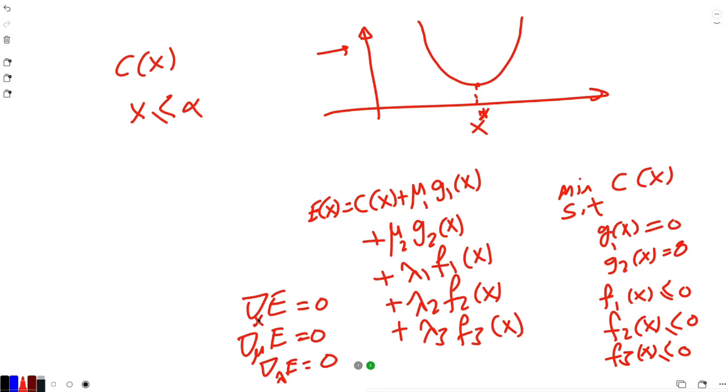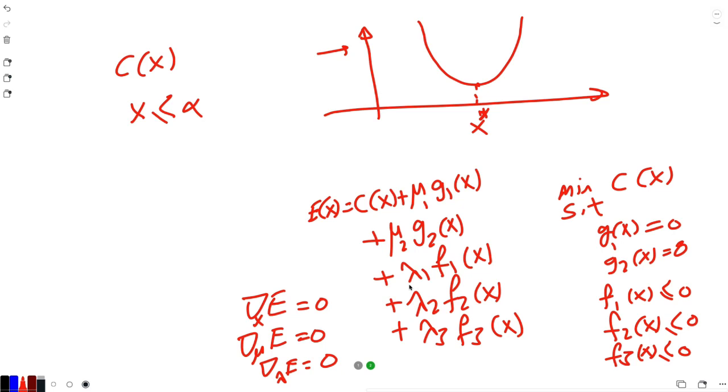This is the reason that we wrote gradient, not differentiation, because we might have x1, x2, x3, whatever. So we take the gradient of E with respect to x equal to 0, and also we differentiate with respect to mu1 equal to 0, with respect to mu2 equal to 0, and also we take the gradient with respect to lambda 1, lambda 2, and lambda 3, and we put them equal to 0.